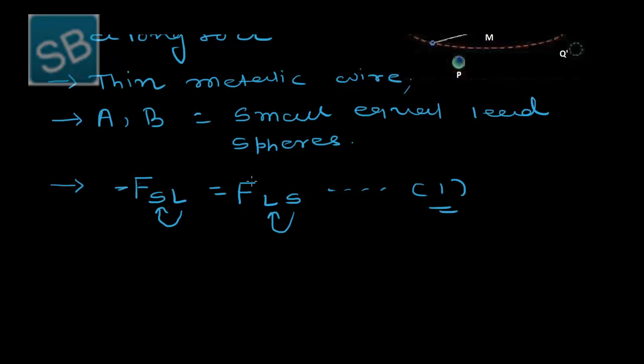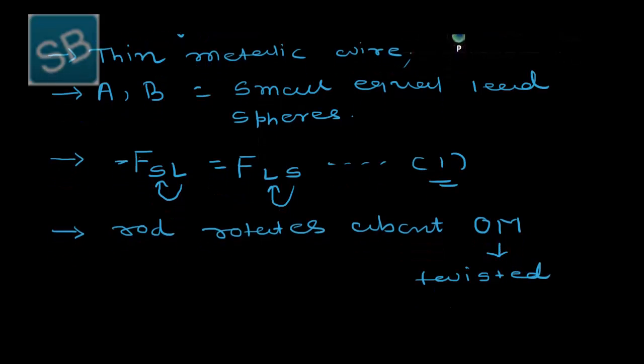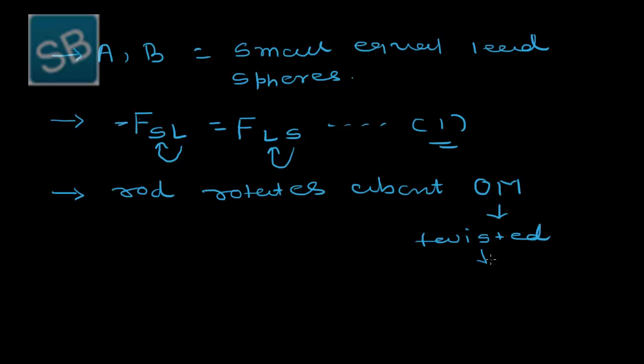So when the rod rotates about the wire OM, then the wire is twisted and a restoring torque is produced in the wire.